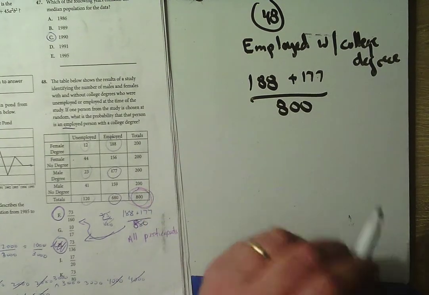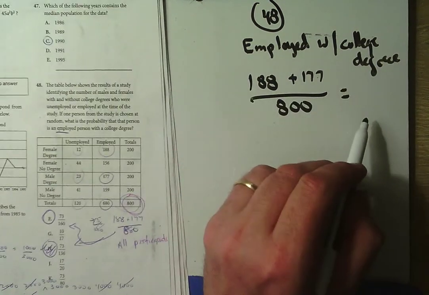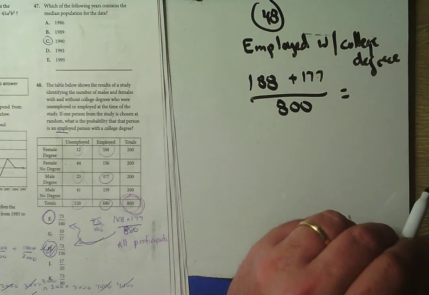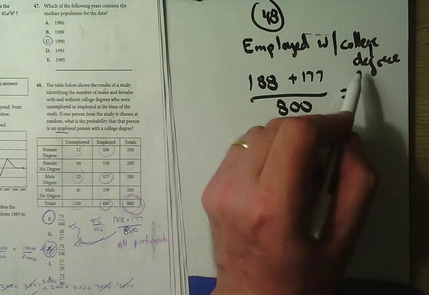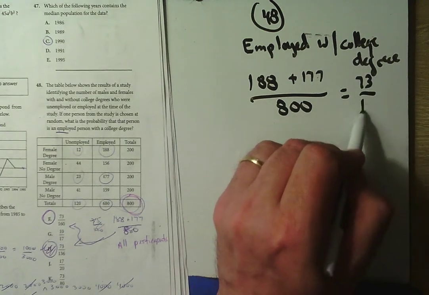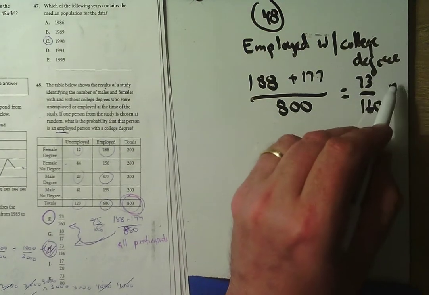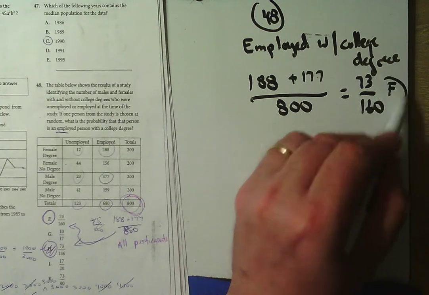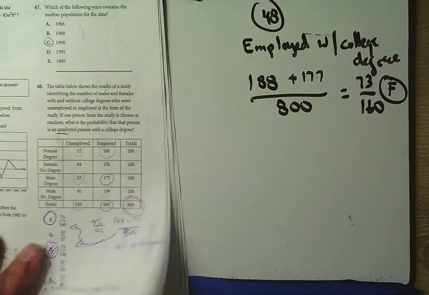So that's going to give me 365 over 800, and that's going to reduce to 73 over 160, which is why choice F is my answer to 48.